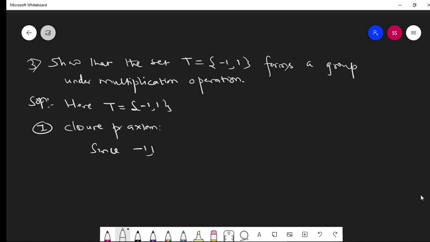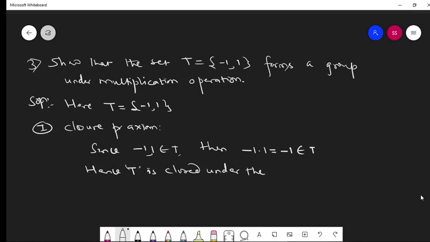Since -1 and 1 belong to T, then -1 dot 1 equals -1 belongs to T. Hence T is closed under the multiplication operation. We have only two elements, and their product also belongs to the same set. So the closure property is satisfied.